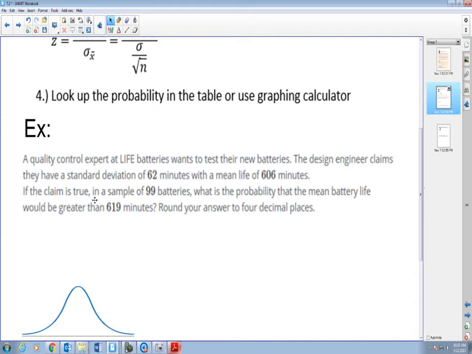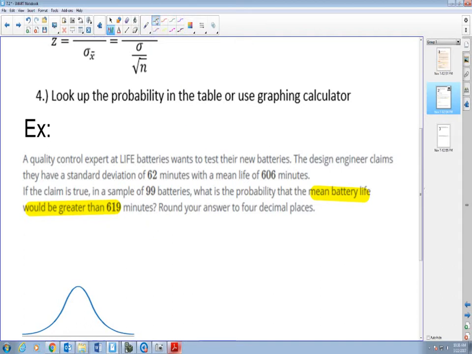If the claim is true, in a sample of 99 batteries, so I'm taking a sample of 99 batteries, what is the probability that the mean, this one word changing how we go from chapter 6 to chapter 7, what's the probability that the mean battery life will be greater than 619? The 619 minutes is referring to the mean battery life of the 99 batteries.